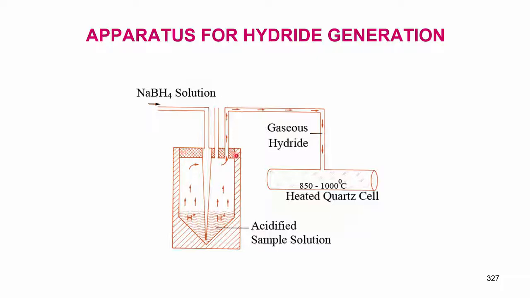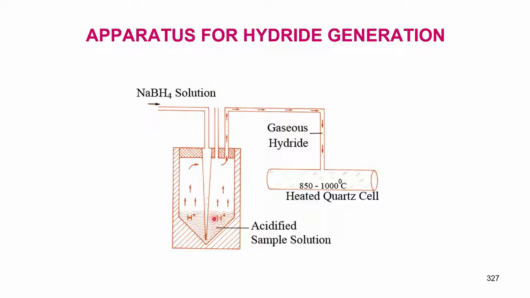Then we have a seal here, and all I have to do is take the sample in dissolved form in this flask. In this way it is already acidified. So, sodium borohydride will react with the hydrochloric acid in the solution and generate hydrogen, which I have shown by arrows here, and this is the way through which nitrogen enters, the middle one.